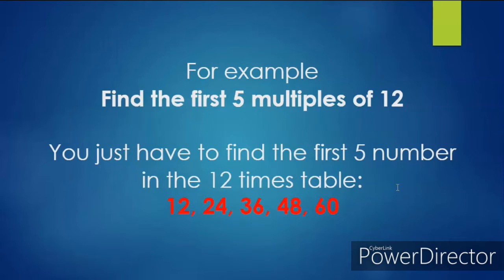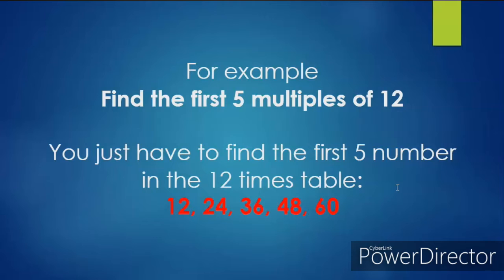All we need to do is find the first 5 numbers in the 12 times table. For example, 12 times 1 is what? 12. 12 times 2 is what? 24. 12 times 3 is 36. 12 times 4 is 48. And 12 times 5 is 60.